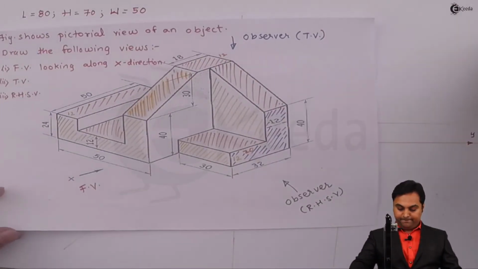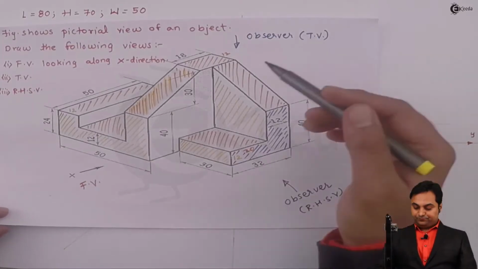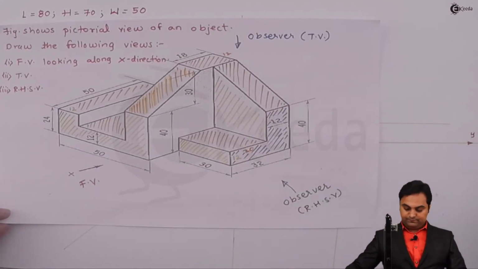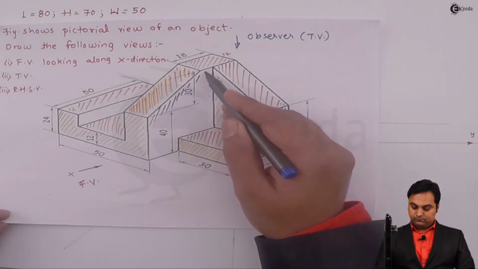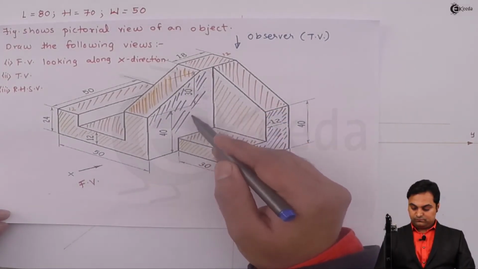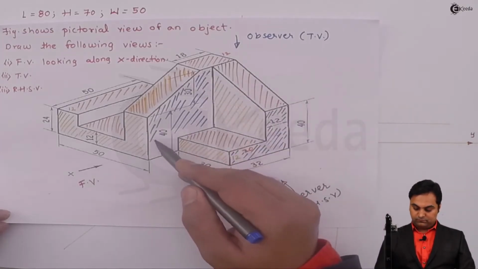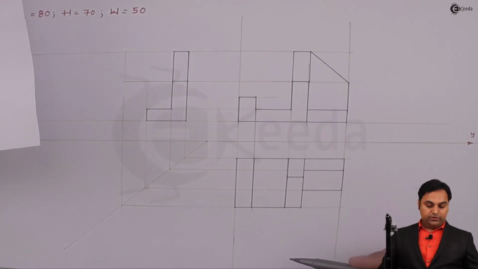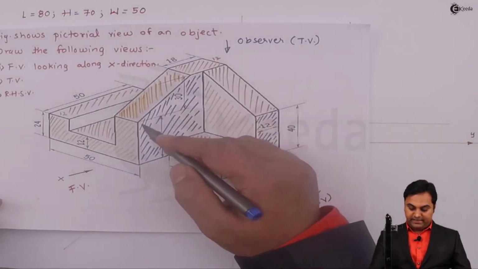After that, from the side view, this entire surface will be visible. This is visible. So here I need to get this inclined portion.